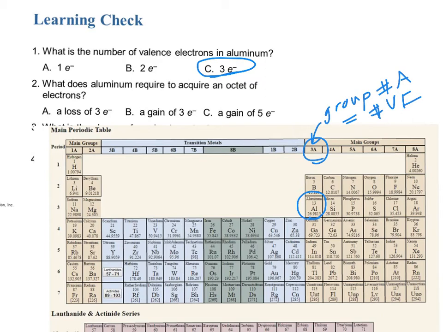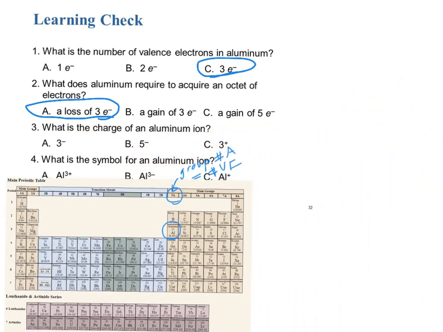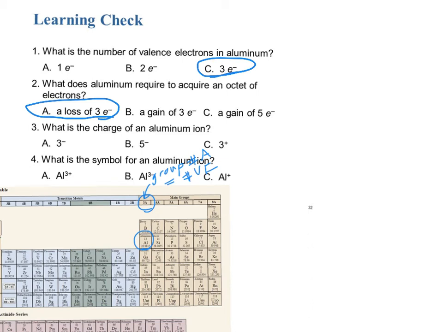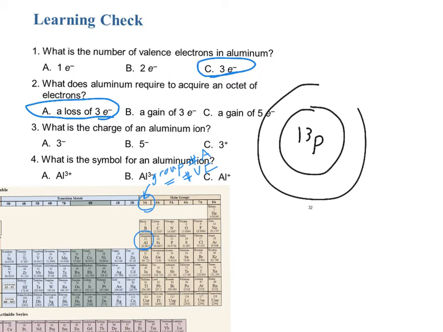So we could do it simply from a memorization perspective. Aluminum is in group 3A, it has 3 valence electrons. It's much easier for it to lose 3 electrons than it is for it to gain 5. If we wanted to do a quick picture view of aluminum, aluminum has 13 protons because it's number 13. And it's in the 3rd row, so it's going to have 3 energy levels.